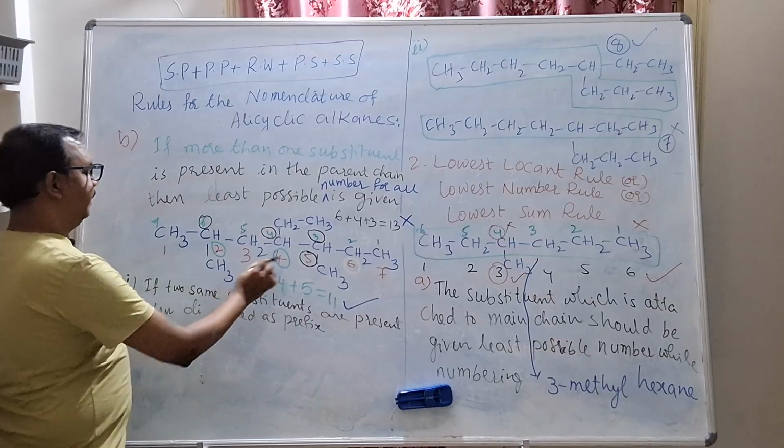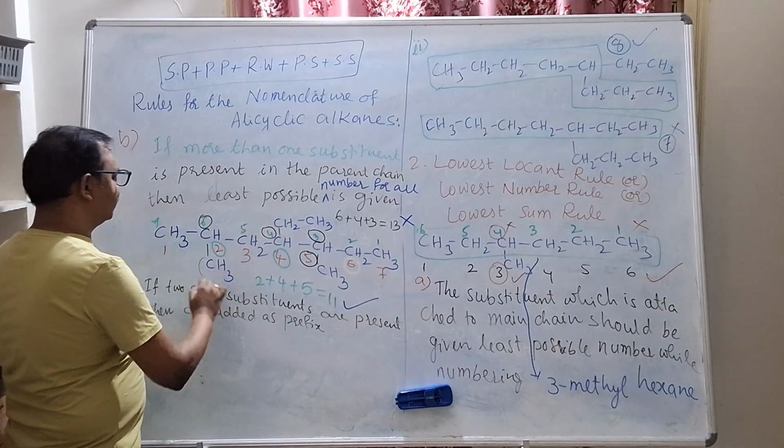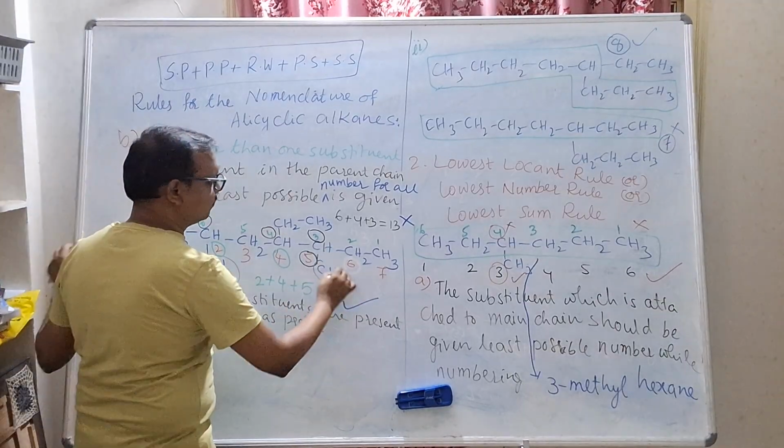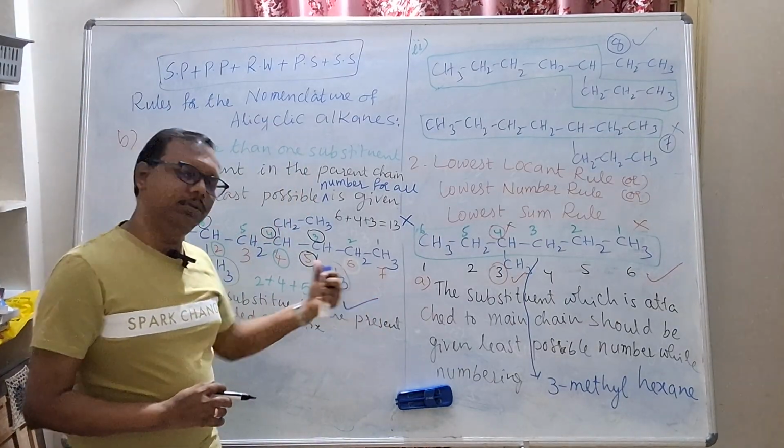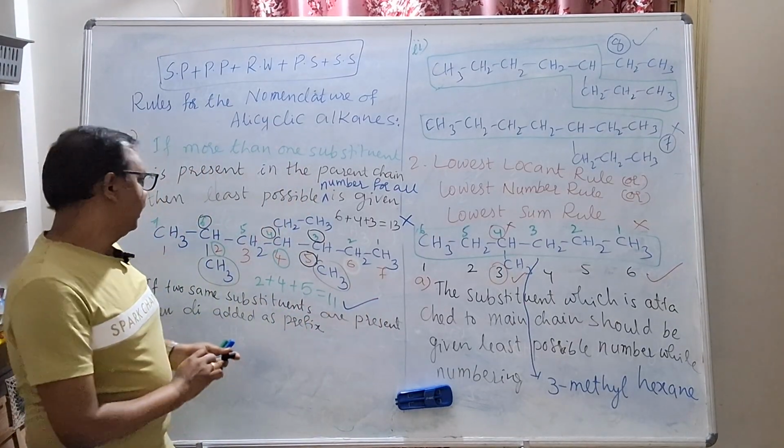Dimethyl, because how many methyl groups? There are 2 methyl groups. You observe here, there are 2 methyl groups. That's why dimethyl we have to consider.